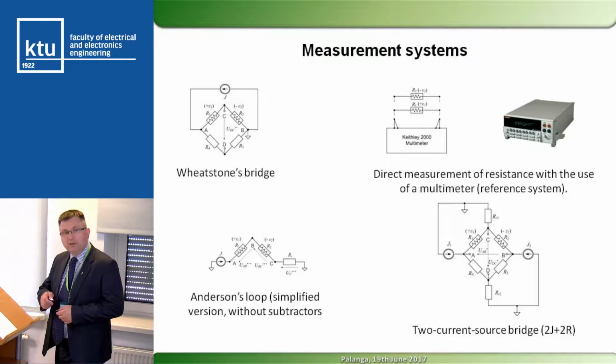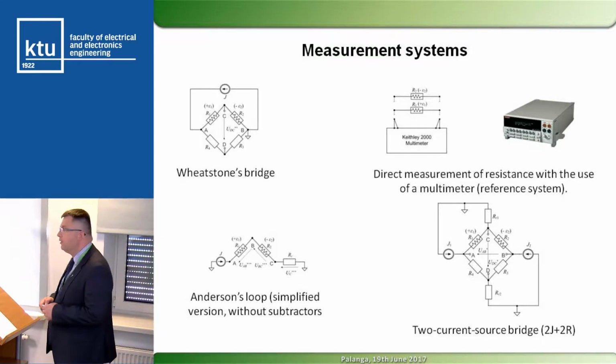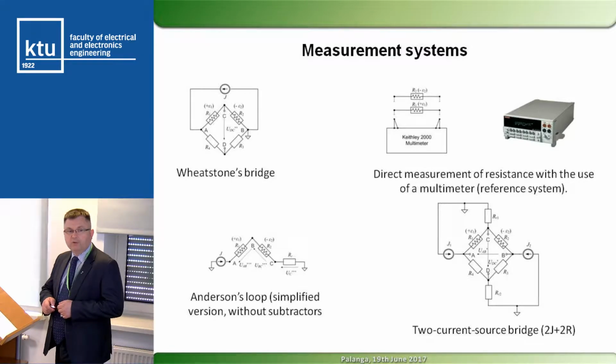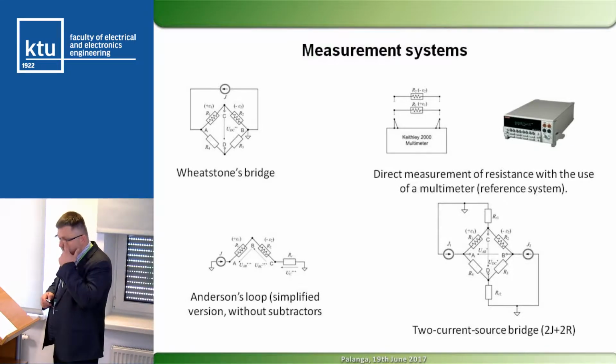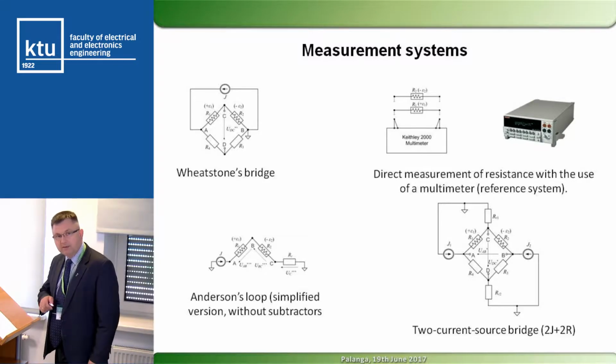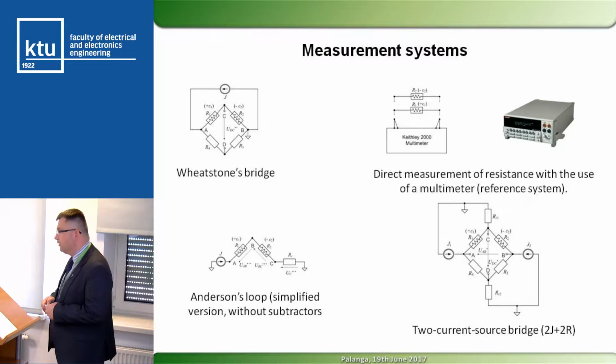And we are in general working on a different kind of signal conditioner, whose name is the two current source bridge. We have here 2 current sources built in the bridge, and thanks to that circuit we can measure 2 quantities at the same time.